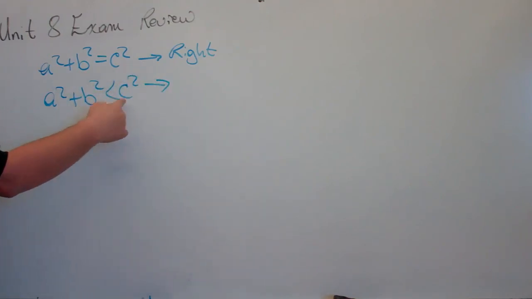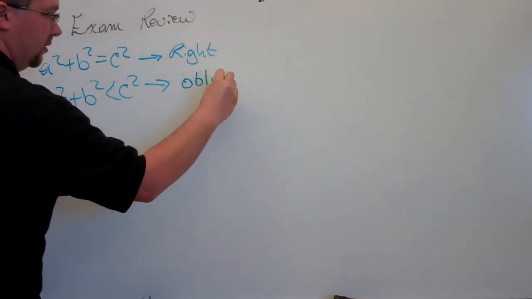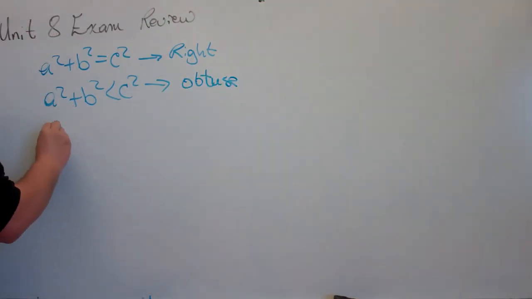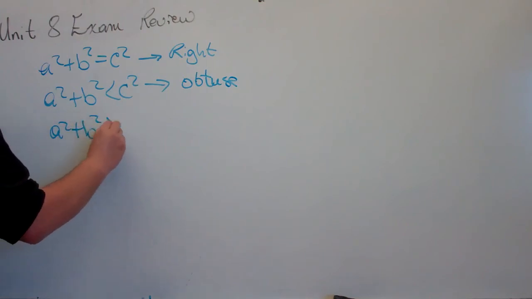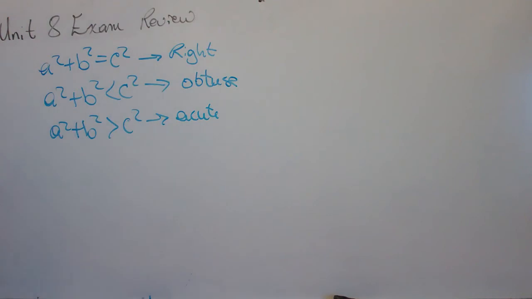If c squared is larger than a squared plus b squared, it's obtuse. And if a squared plus b squared is larger than c squared, it's an acute triangle. So for 29, you just basically got to put that in words.